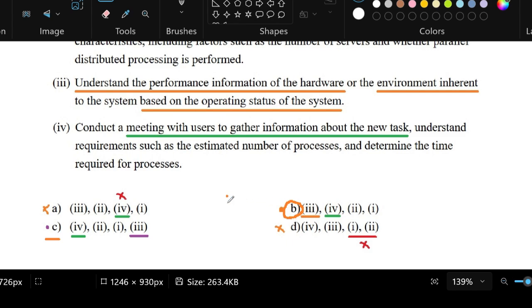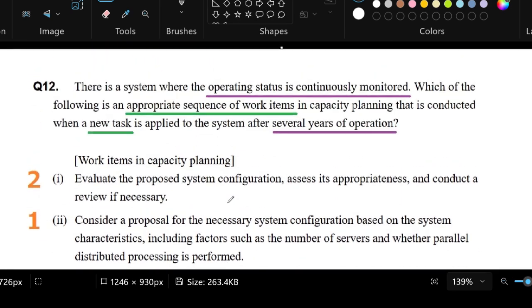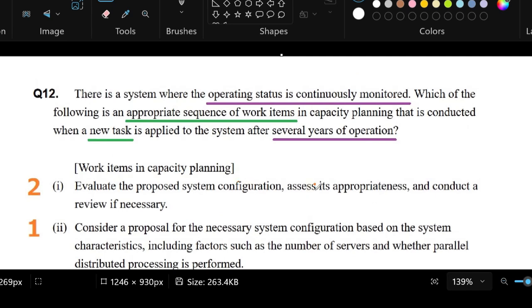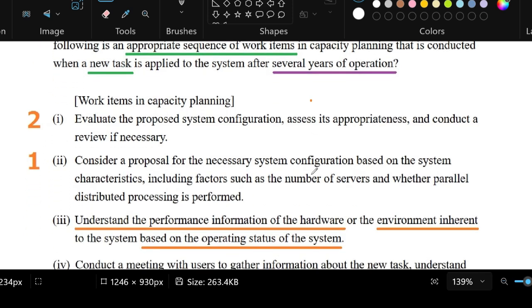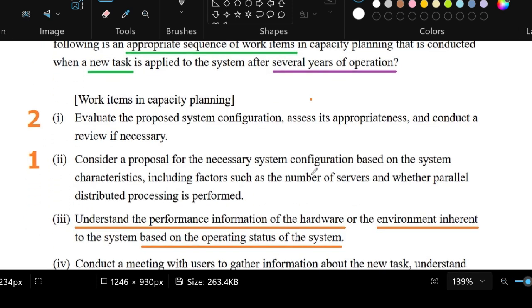Now we need to know how I ended up with C and not with B. I think the way I did this was to see which one would be the first thing that needed to be done in our sequence.